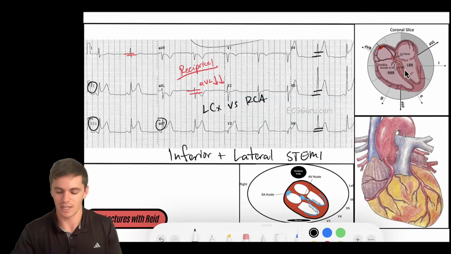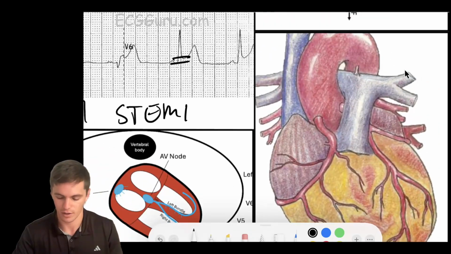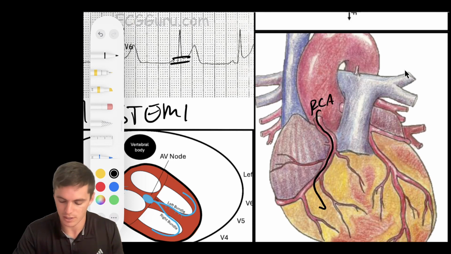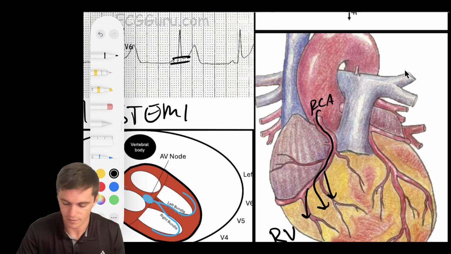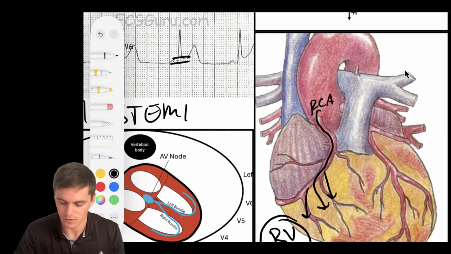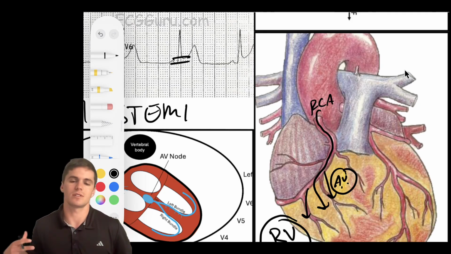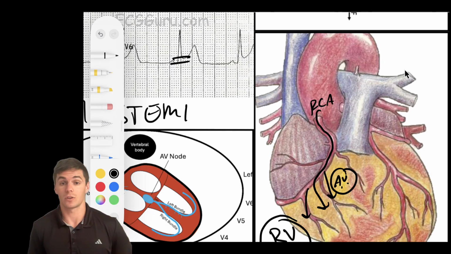Before we do that on this EKG, let's take a look at our heart. And let's look at the right coronary. If the right coronary artery is occluded, we're going to see dysfunction in the RV. We're going to see dysfunction in the AV node, right? So with right ventricular dysfunction, we're going to get symptoms that are correlated with right-sided heart failure, right?